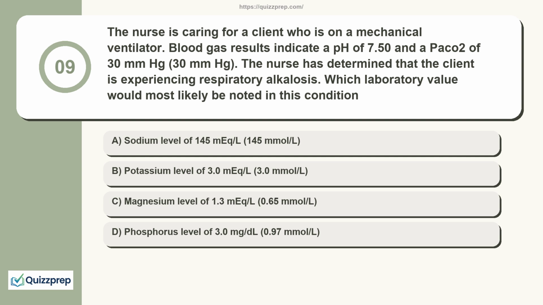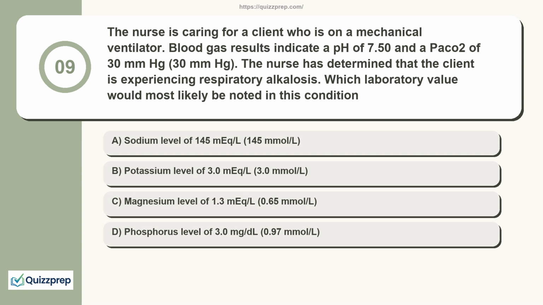Question 9. The nurse is caring for a client who is on a mechanical ventilator. Blood gas results indicate a pH of 7.50 and a PaCO2 of 30 mm Hg. The nurse has determined that the client is experiencing respiratory alkalosis. Which laboratory value would most likely be noted in this condition?